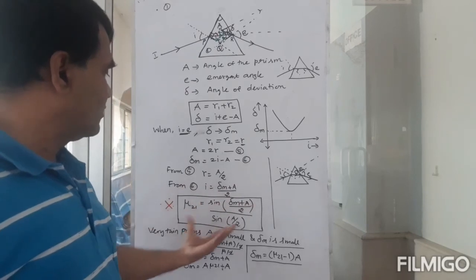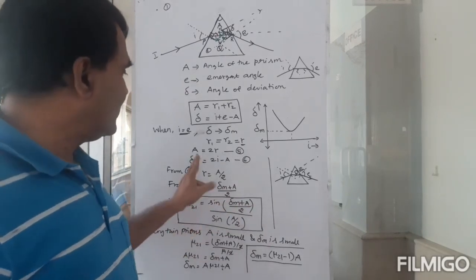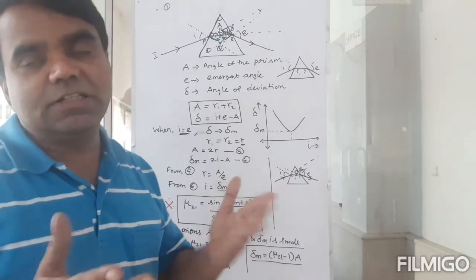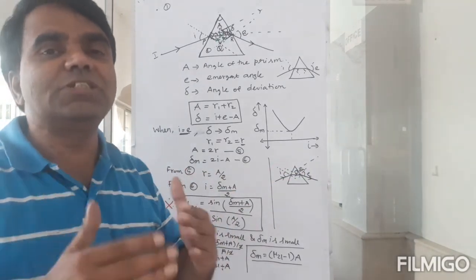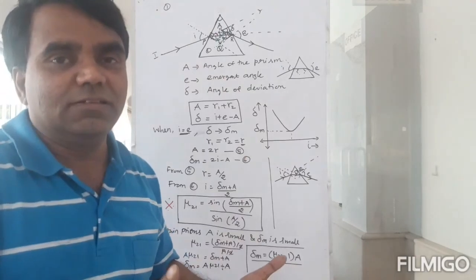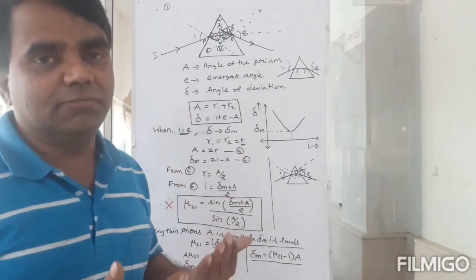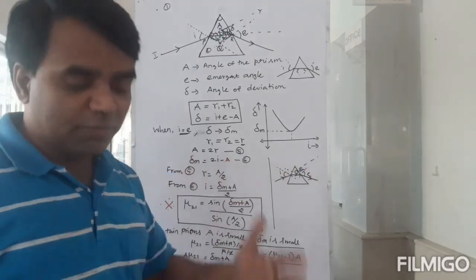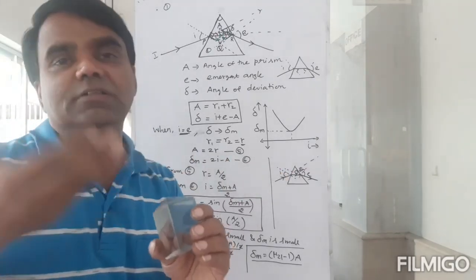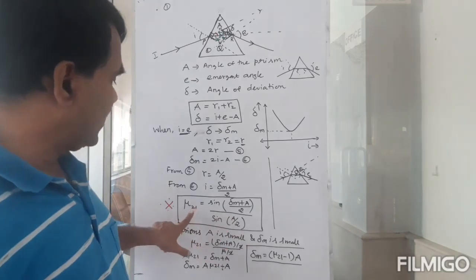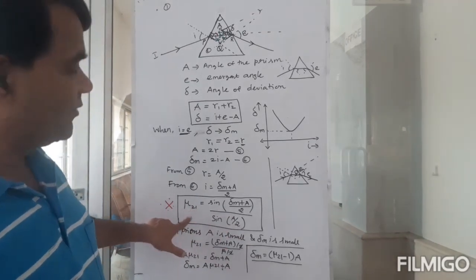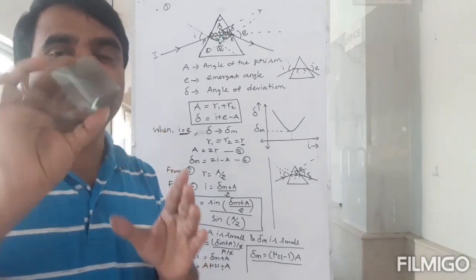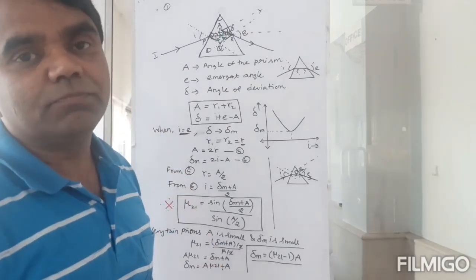So from that I can find this. I need I and E to know the delta M. Or I should say, the I for which E is the same as I. Then I can find delta M. Once I know delta M, because I know the angle of the prism anyway, which I can measure straight away, I should be able to calculate the refractive index of the medium with which this prism has been made.